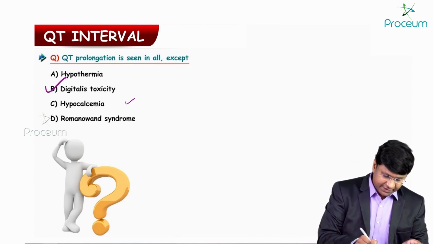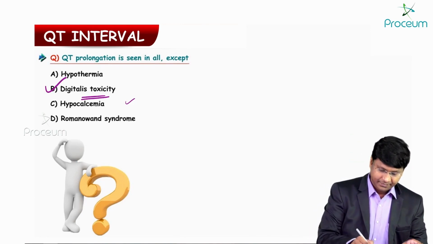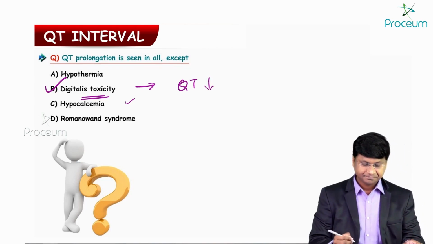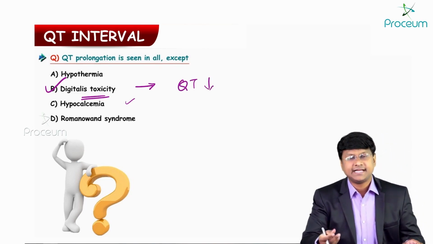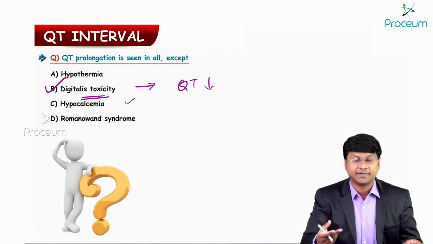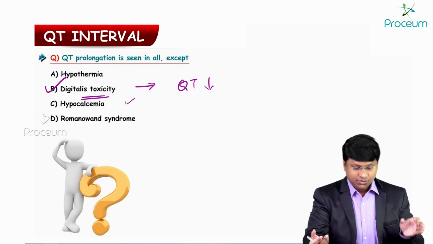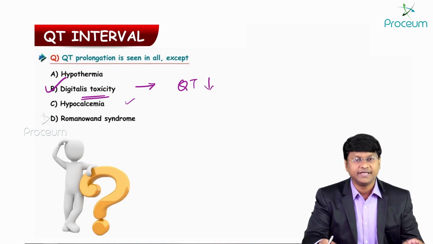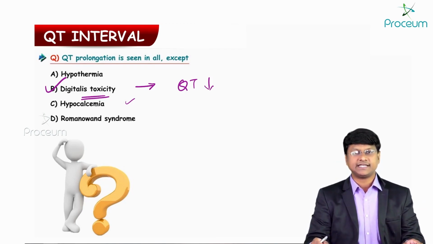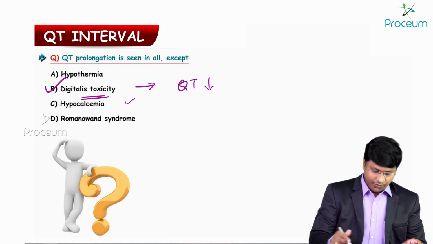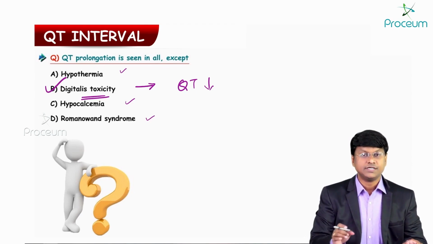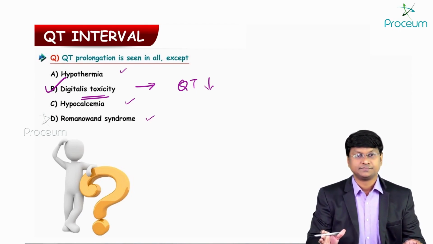But in digitalis toxicity, you will have shortening of the QT interval because digitalis is the drug which increases myocardial contractility. So by increasing the myocardial contractility, the QT interval will be shortened in digitalis toxicity. Whereas in hypothermia, hypocalcemia and Romano-Ward syndrome, there will be QT prolongation.